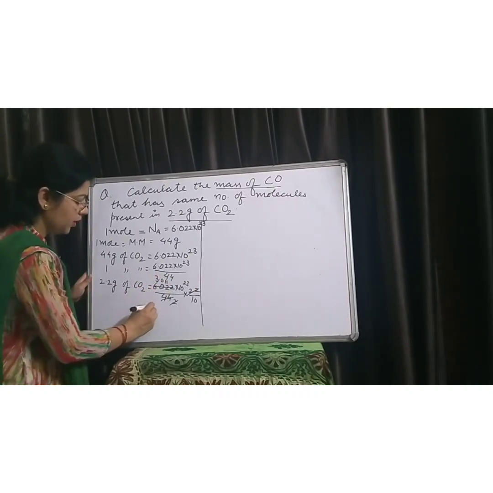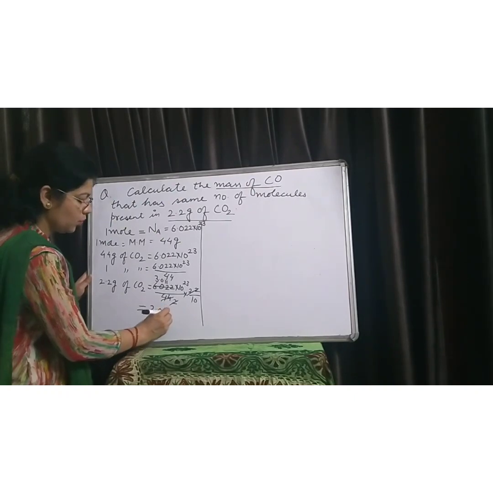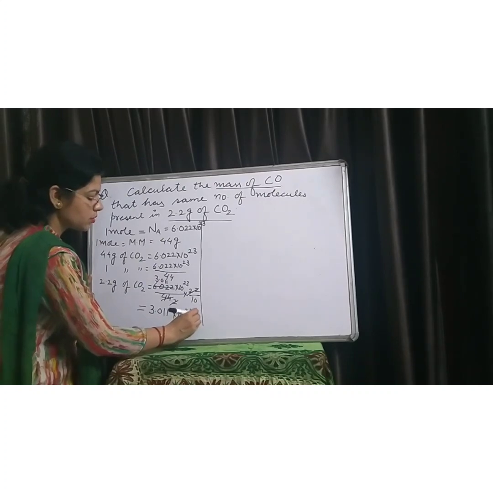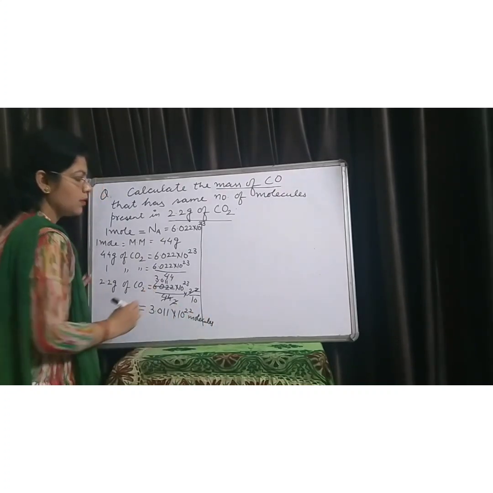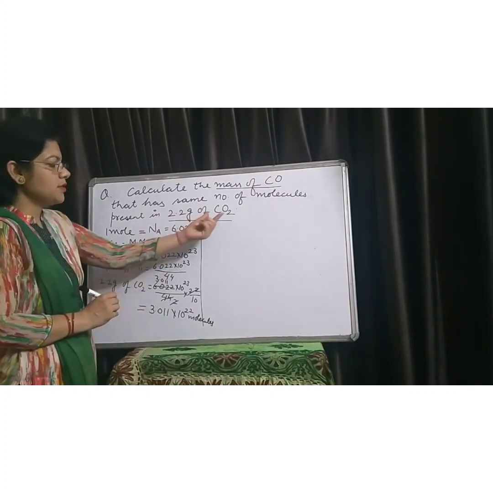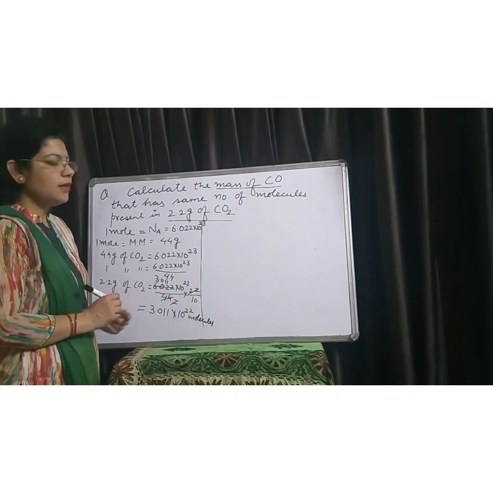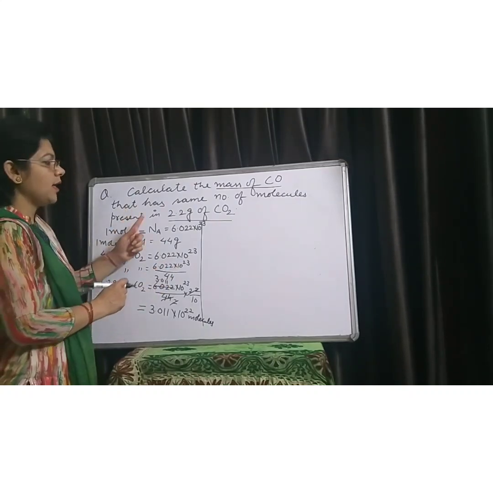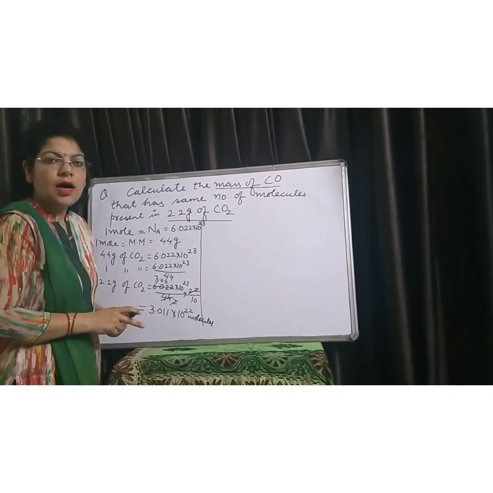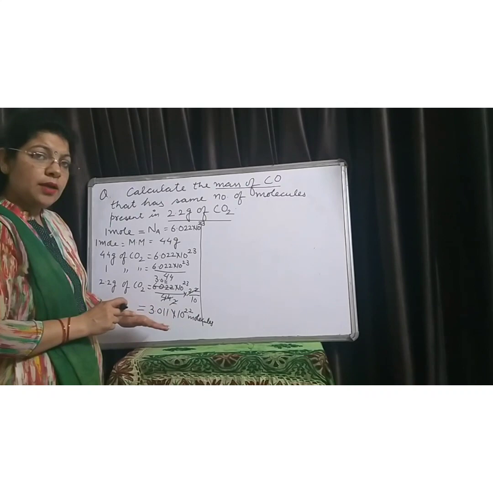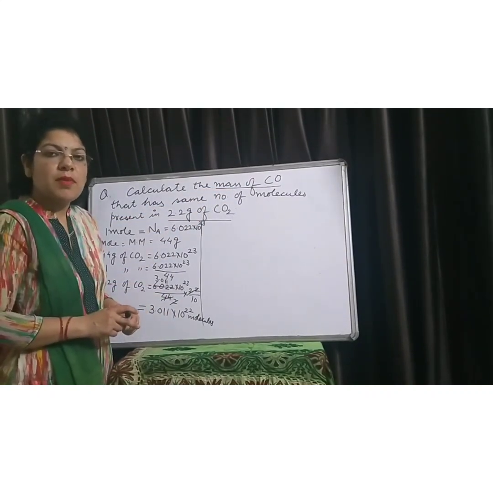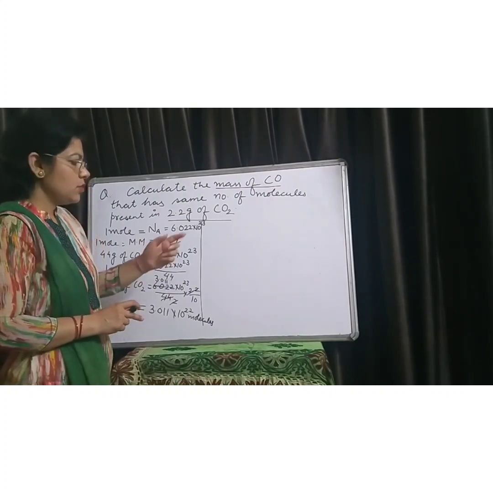This comes out to be 3.011 into 10 raised to power 22 molecules. These are the molecules present in carbon dioxide, and in the question it is given that the same number of molecules are present in carbon monoxide. If the same number of molecules are present in carbon monoxide, then what is the mass of carbon monoxide? So calculate.